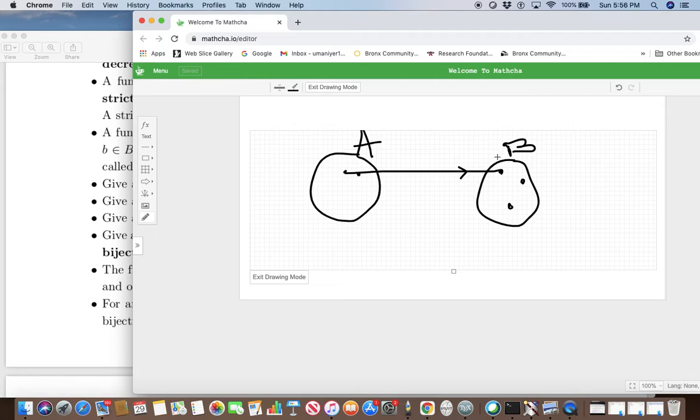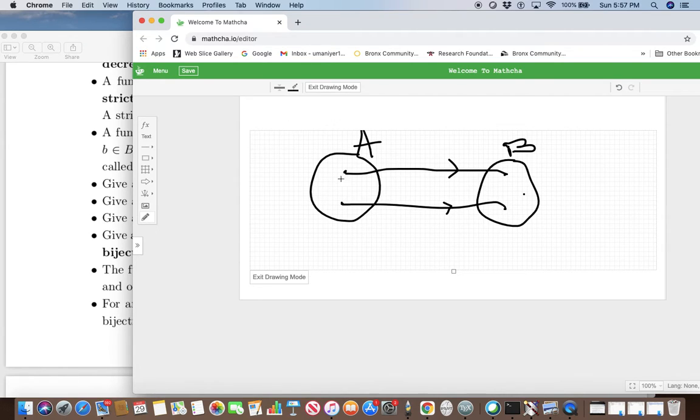I better draw the points separately so you can see it better. So here is a function which takes one element here, another element here.